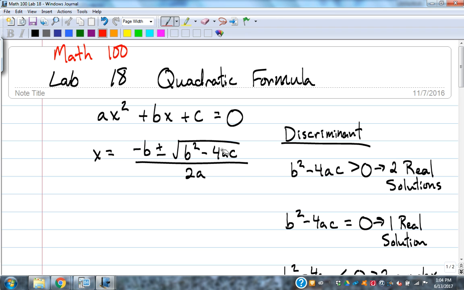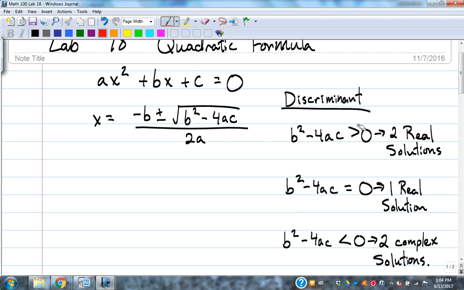The b squared minus 4ac is what's called the discriminant of the quadratic equation. The discriminant tells us what kind of solutions we will have according to its sign. If b squared minus 4ac, the part underneath the square root, is greater than 0, meaning it's a positive number, then there will be 2 real solutions.